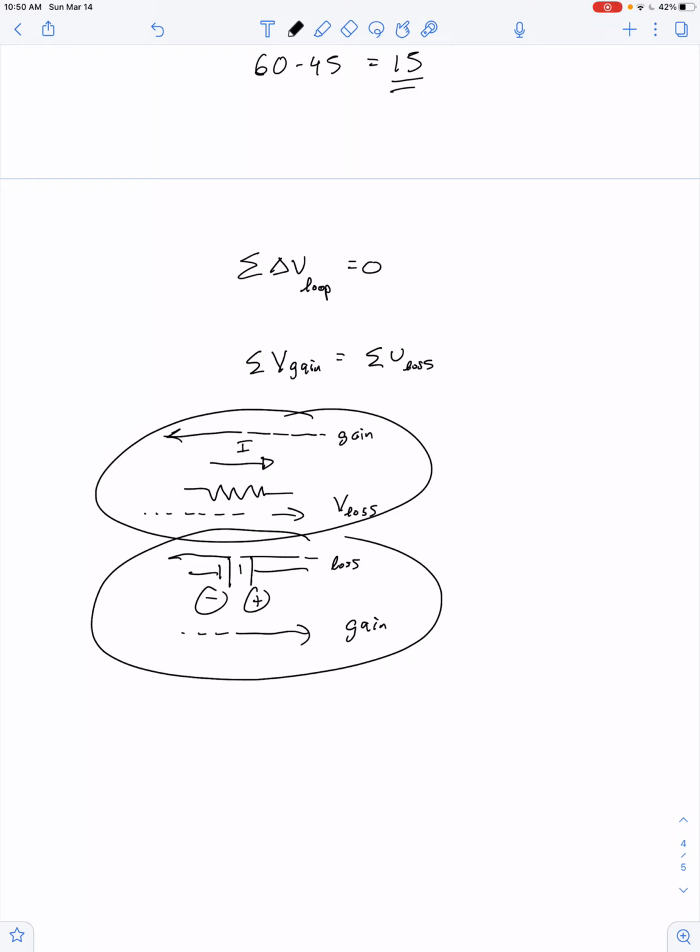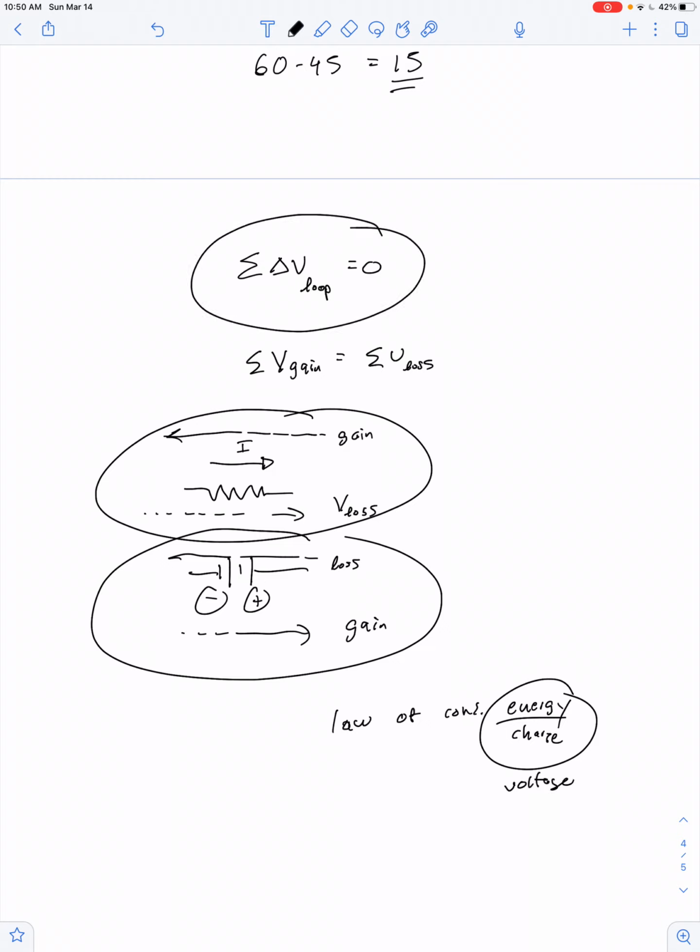Bottom line, Kirchhoff's loop rule follows directly from a statement of the law of conservation of energy. Really, it's conservation of energy per unit charge, and energy per unit charge is voltage. This is why the net change in voltage all the way around a loop is equal to 0.